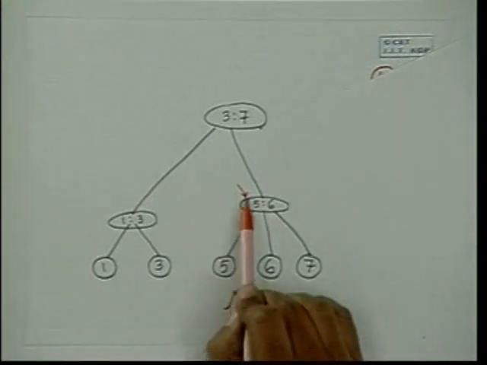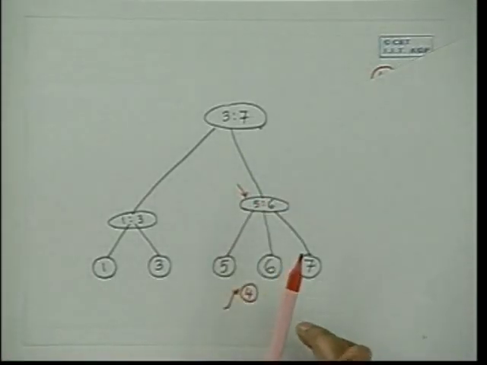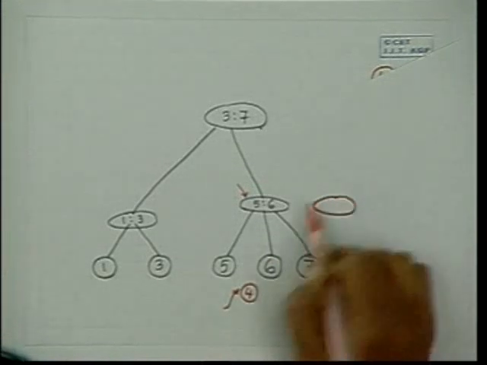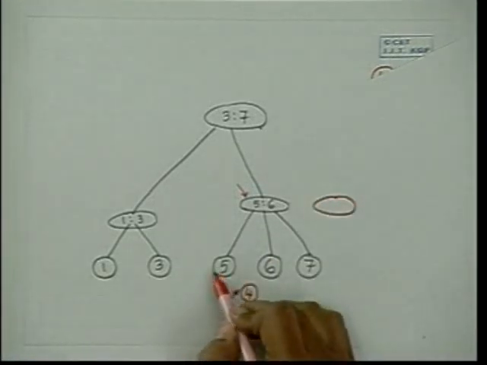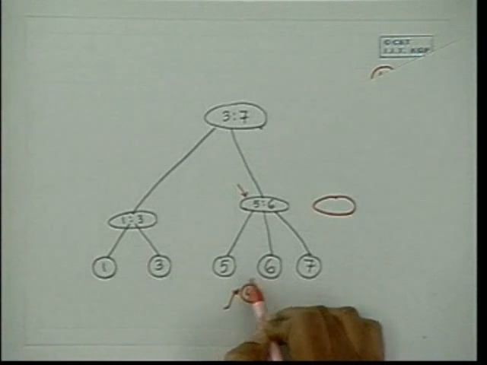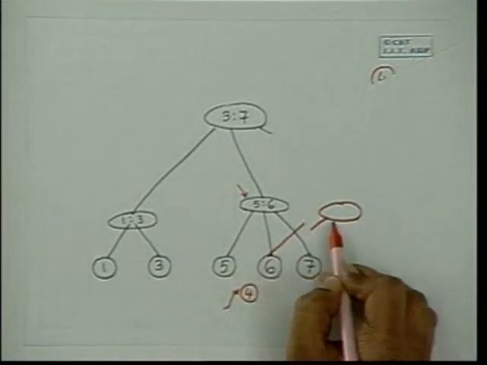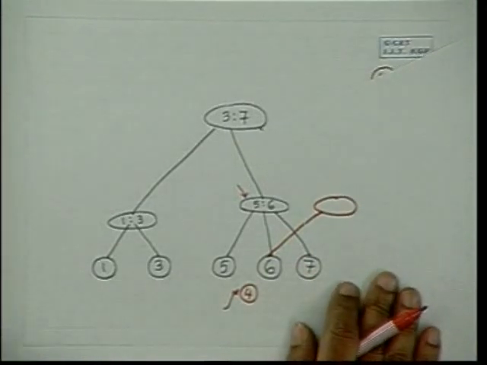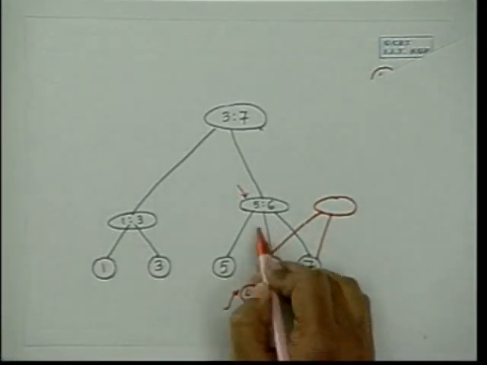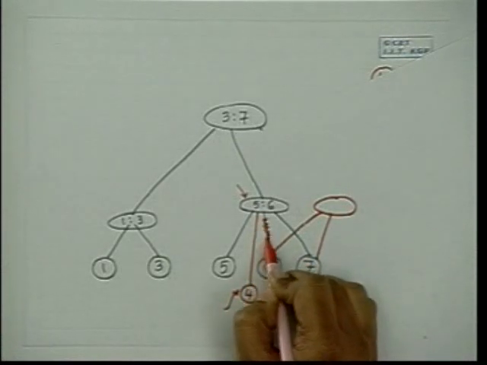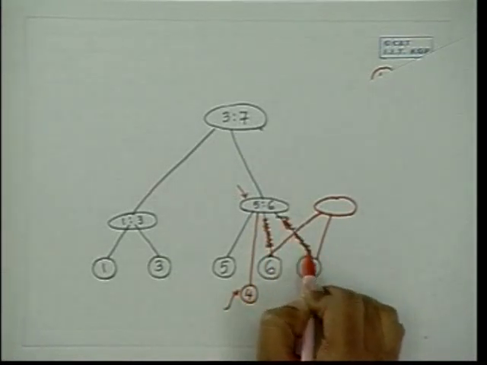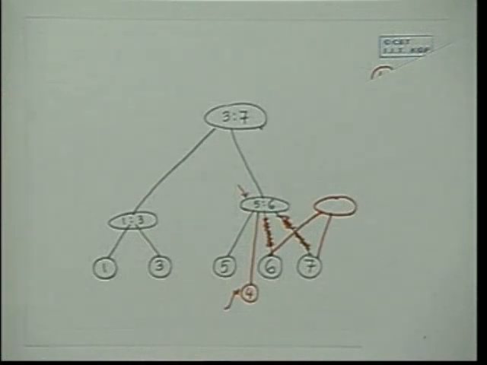You will have to split this node into 2 nodes. You have to make one more node. All right. So you will make one more node, and here you will keep 4 and 5, and here you will keep 6 and 7. Okay.